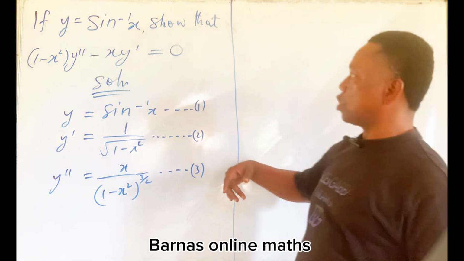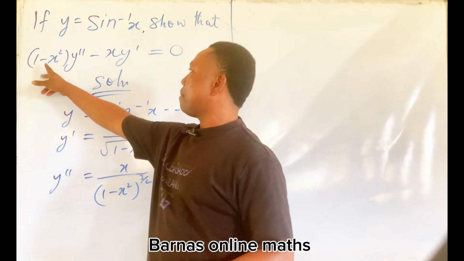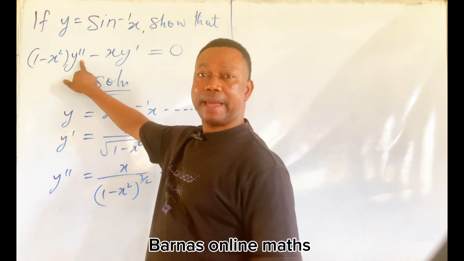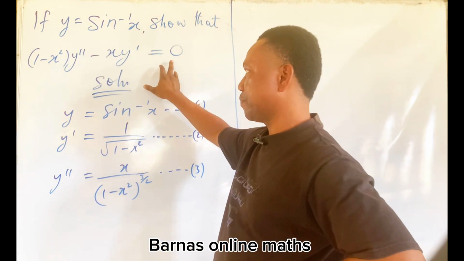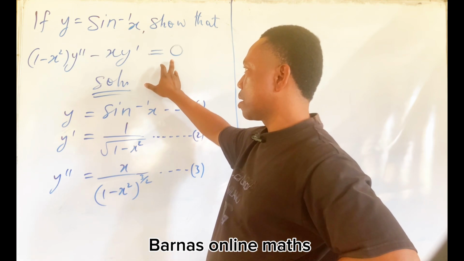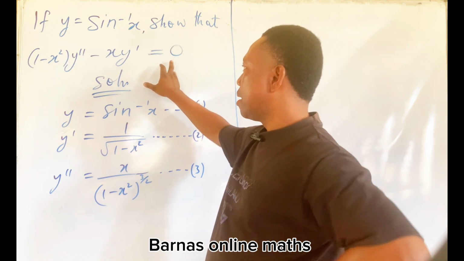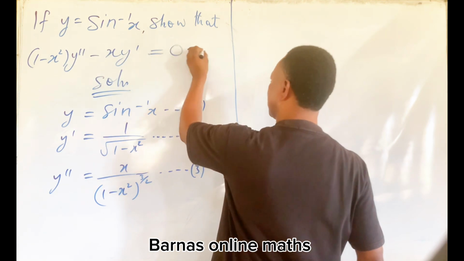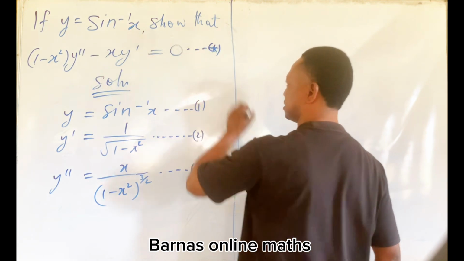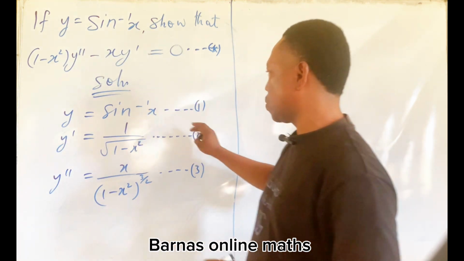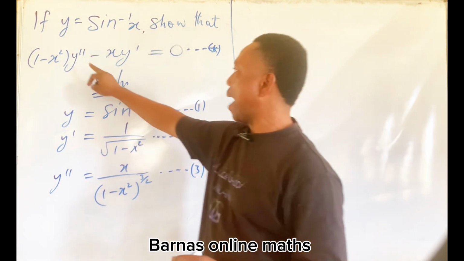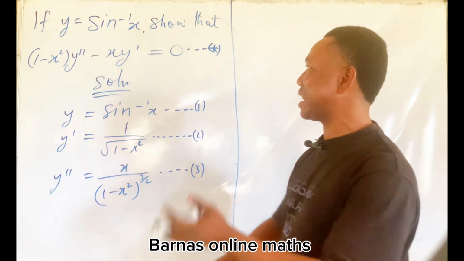Remember we were asked to show that 1 minus x squared y prime prime minus x y prime is equal to 0. If we turn this to be equation star, let's say equation star. So since we have gotten y prime, which is equation 2, and the y prime prime, which is equation 3, we can now substitute.